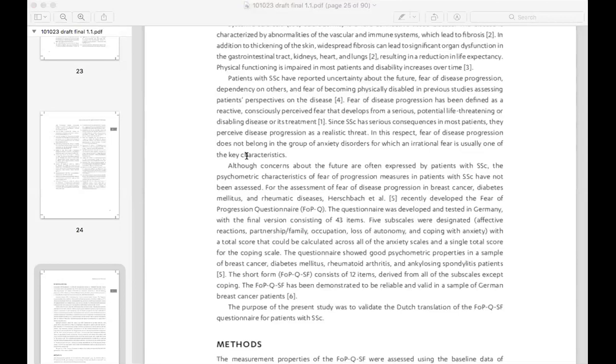You have the methods, how the research itself was conducted. You have the results, where you're summarizing the outcome in a table or just a short paragraph or two. And then you're discussing it. What are the consequences of the data? What is future research that can be done, et cetera.